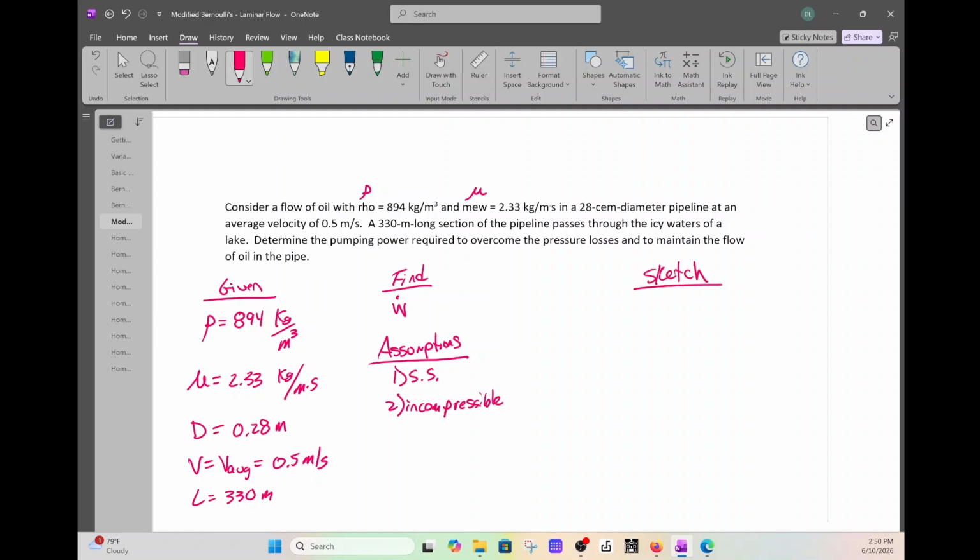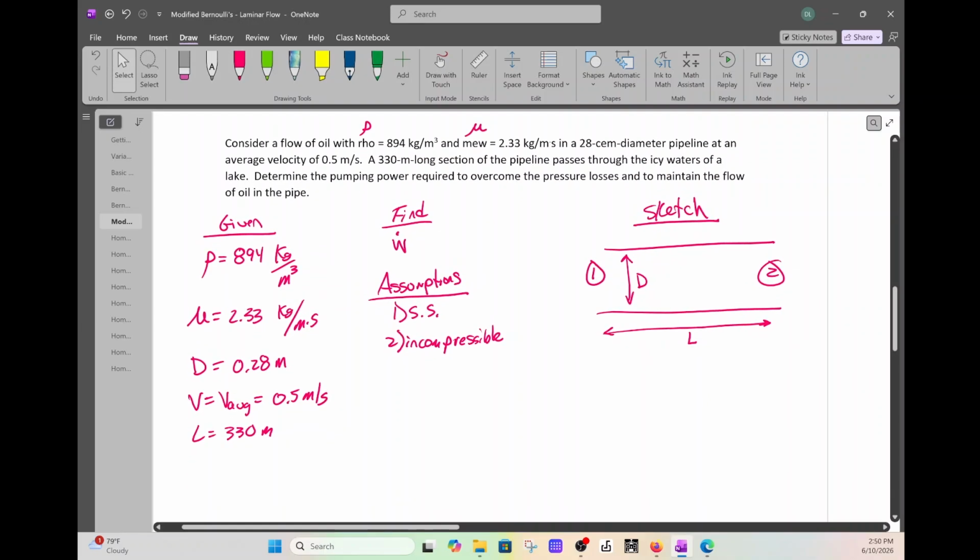Here's our sketch. Basically, we have a pipe. We have a diameter D. We have 0.1, we have 0.2. This is L. And we should be good now where we have given, find, assumptions, sketch.